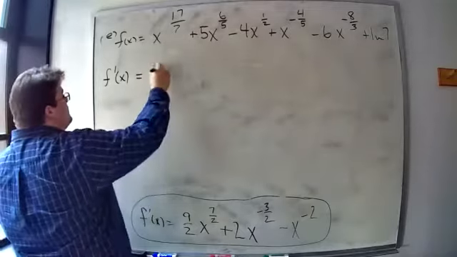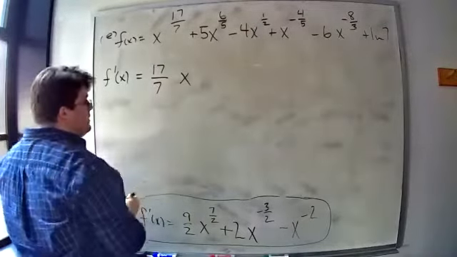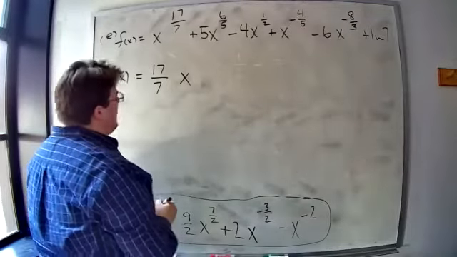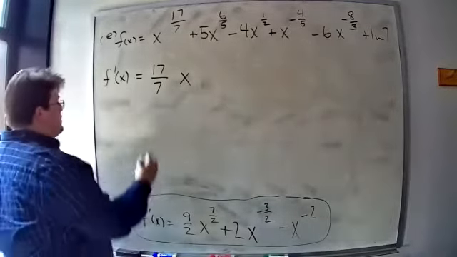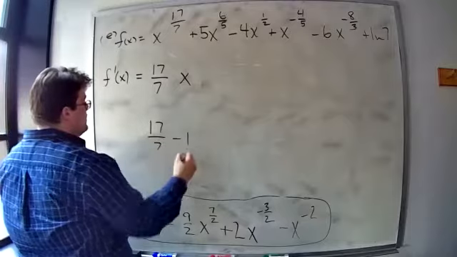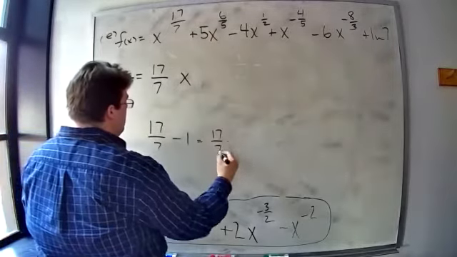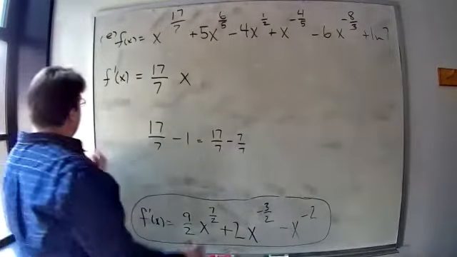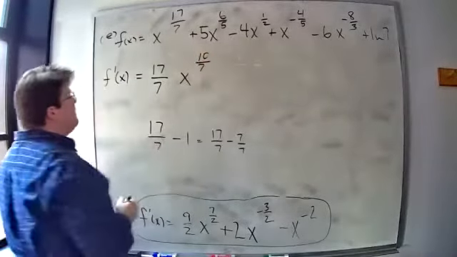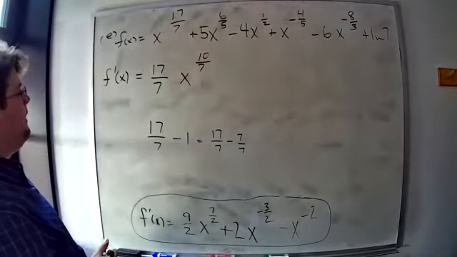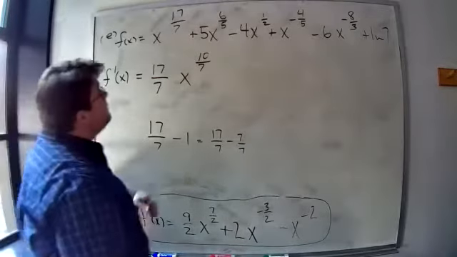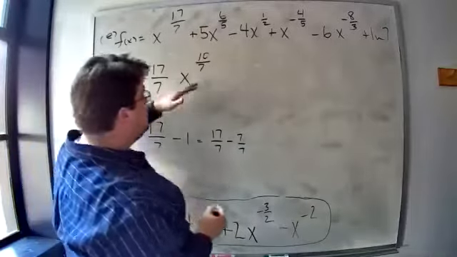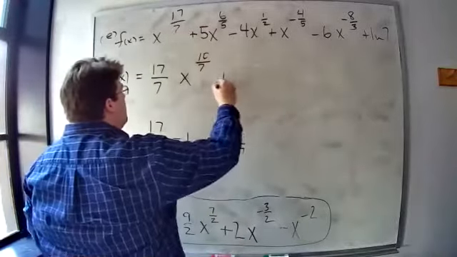Well, we have x to the 17/7, so 17/7 x. Now this is probably going to extend across two lines. And what's our exponent? Well, we need 17/7 minus 1. 1 is 7/7. 17 minus 7 is 10. Well, then we keep going. We have x to the 6/5 multiplied by 6/5. 6/5 times 5 equals 6.